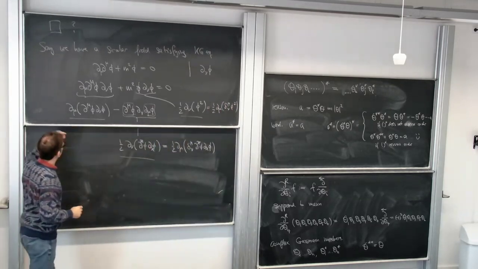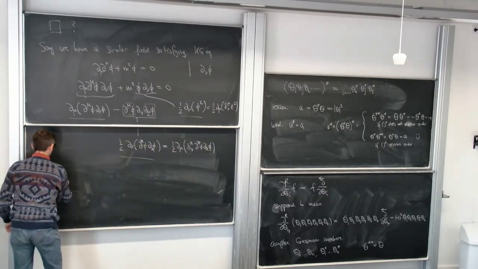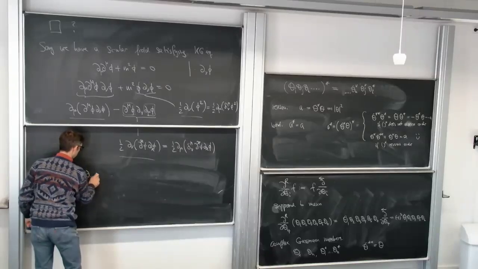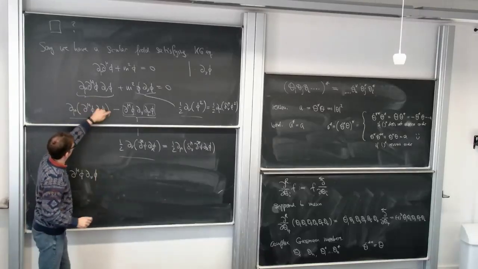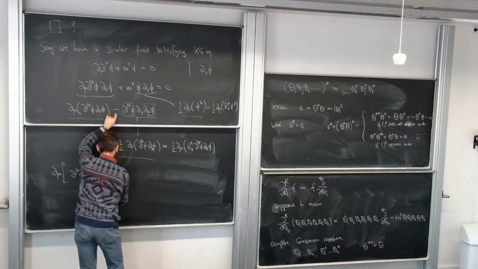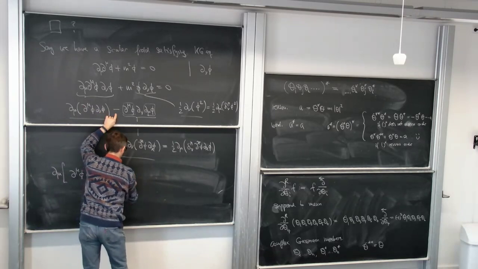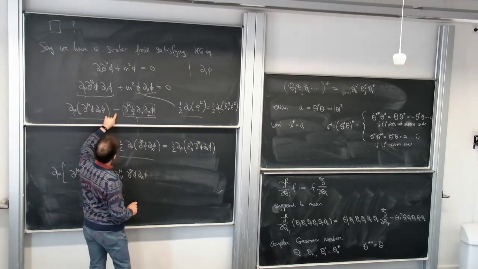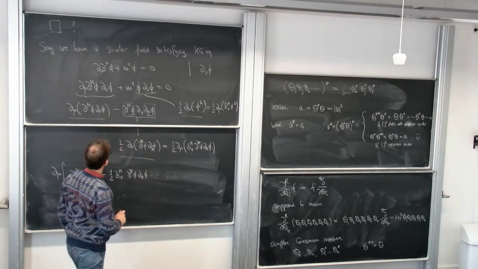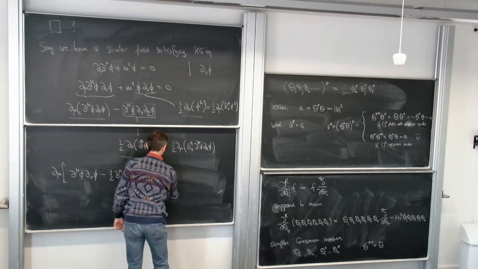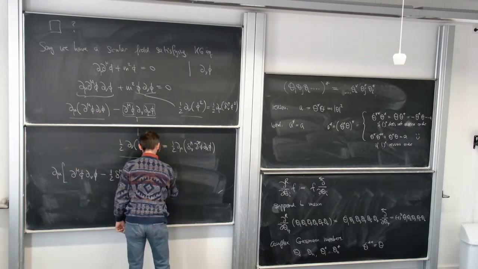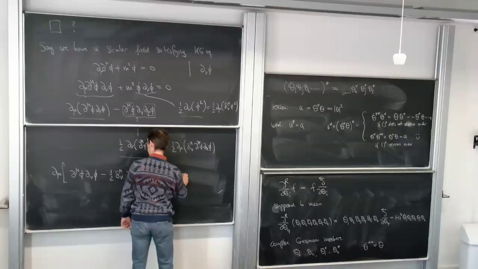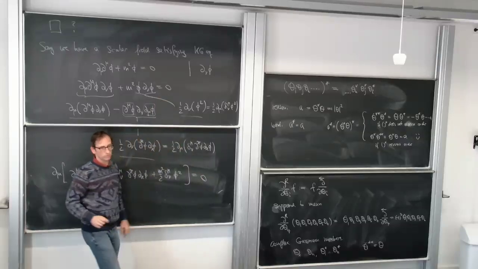And now, reading the whole thing, it's d mu, inside the parentheses, this minus 1/2 delta mu d kappa phi d kappa phi, plus 1/2 delta mu m squared phi squared, equals 0.